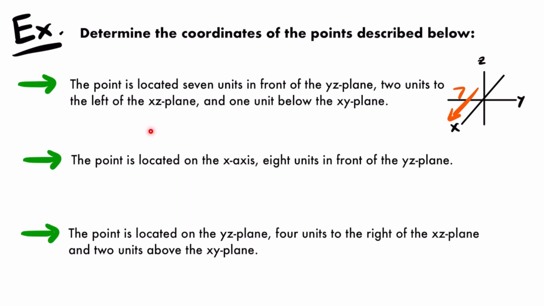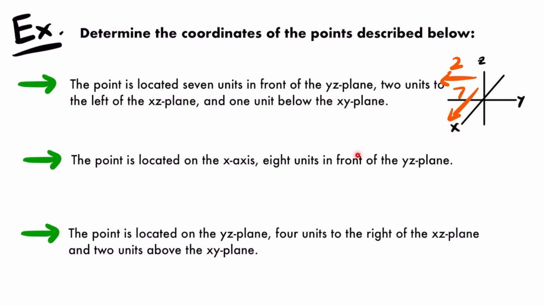And so if we are moving away from that xz plane, in particular 2 units to the left of that plane, we are measuring in the y direction. All right, if we're moving to the right from the xz plane, we're moving in the positive y direction. And if we're moving to the left of the xz plane, then we're moving in the negative y direction. All right, so 2 units to the left of the xz plane tells us that our y coordinate is -2, or that we are moving 2 in that direction, left of the xz plane.